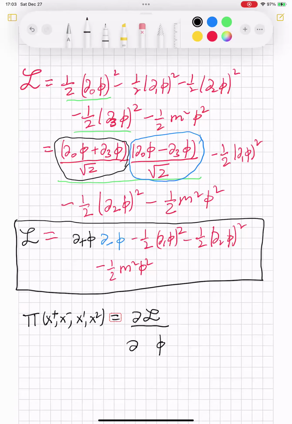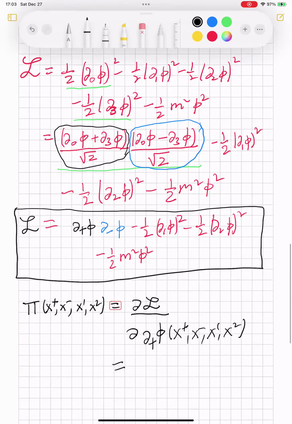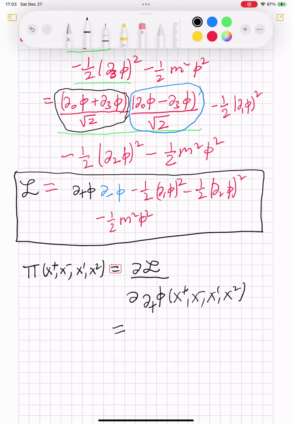So we're going to take dL over d plus phi. And this will be at the same time x plus, and then x minus, x1 and x2. And looking at the boxed formula just above, if we take a derivative with respect to d plus phi, we're going to get d minus phi. The only term that we're hitting is this first term in the Lagrangian.